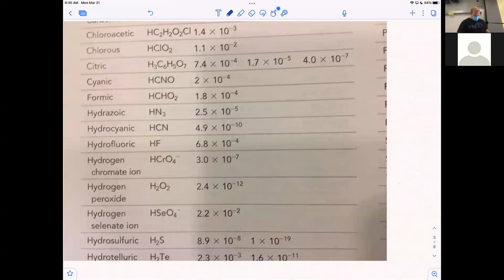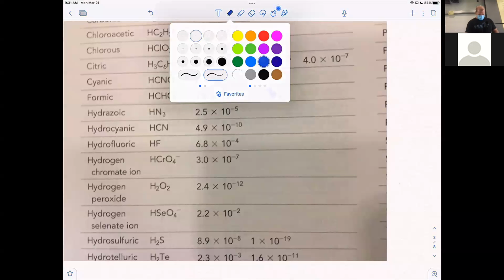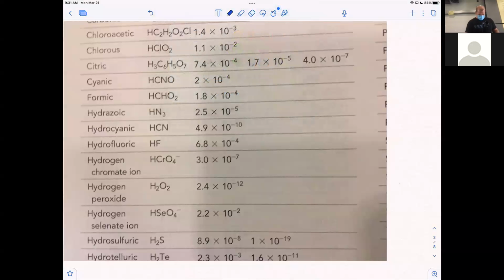We'll do formic acid. The pKa is minus log of its Ka, and this is going to be 3.74, and this one is at 9.31.